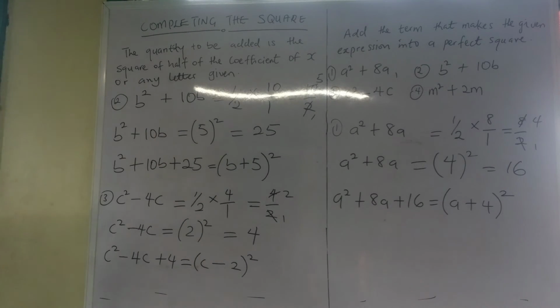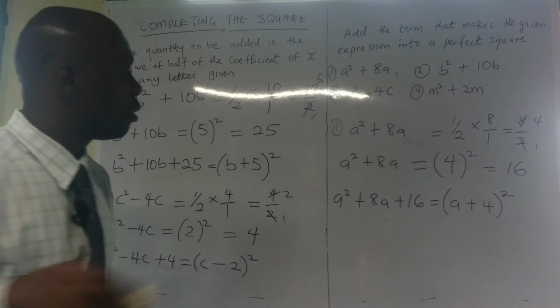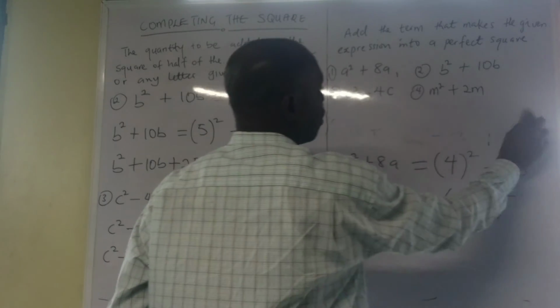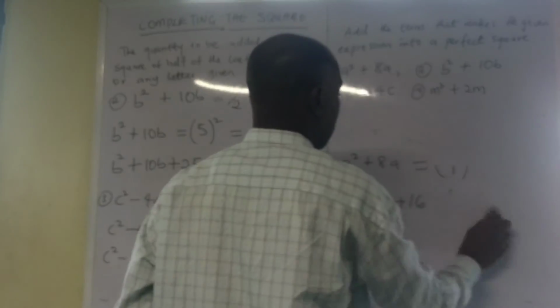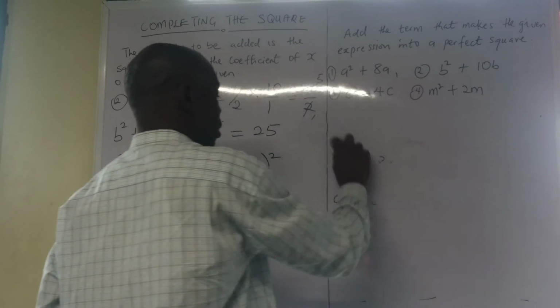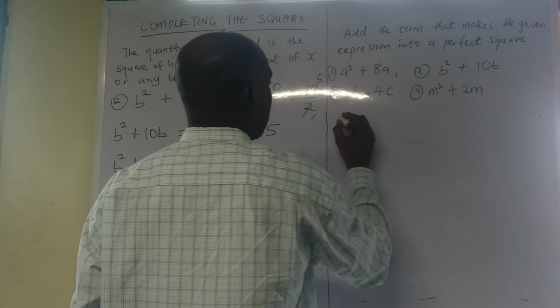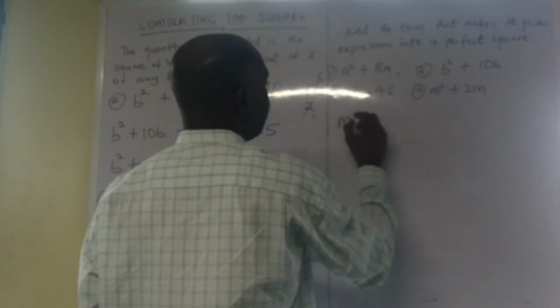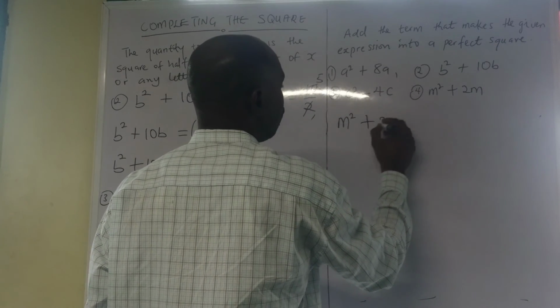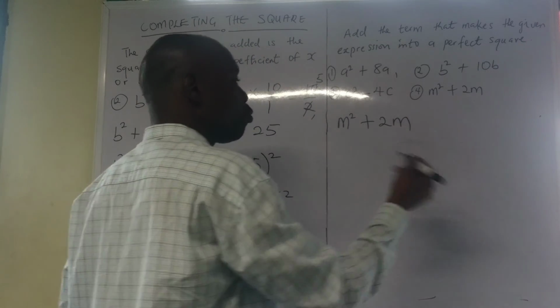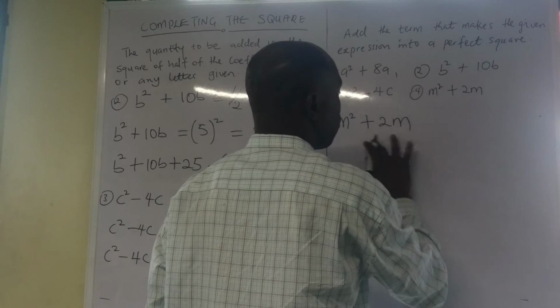Then let's look at the last one. m^2 + 2m. With this one too, we look for the half of the coefficient.